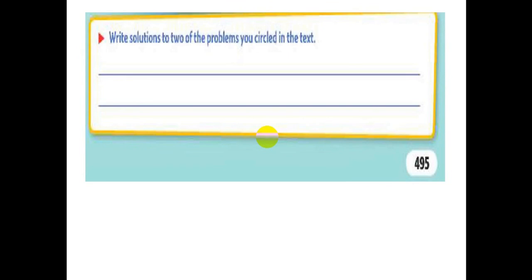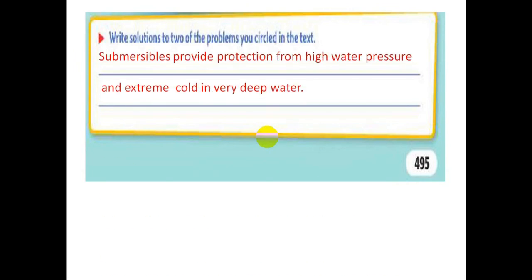Yes, they solved the problem of the light, the darkness, and also the body temperature, and they solved the problem of the water pressure. So let's see the answer, and please write it down in your book. Submersibles provide protection from high water pressure and extreme cold.